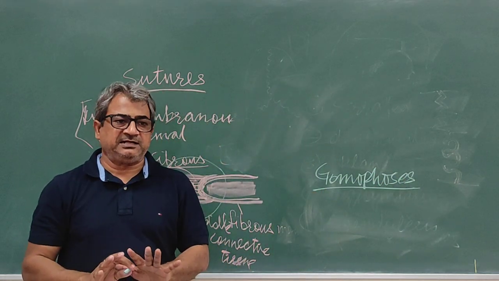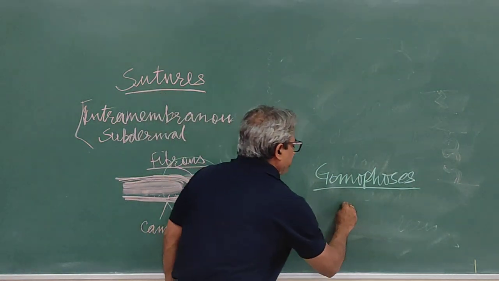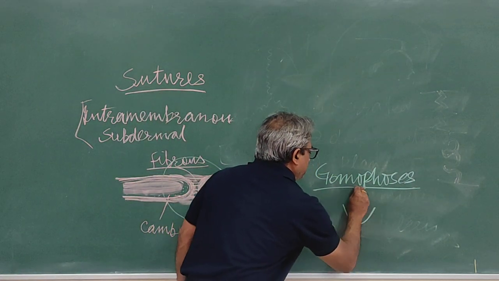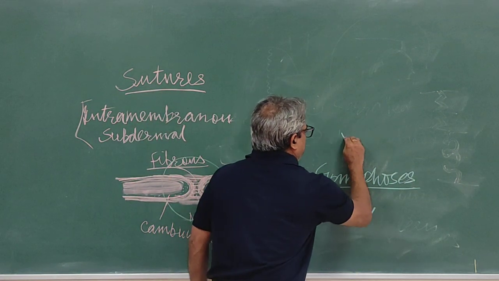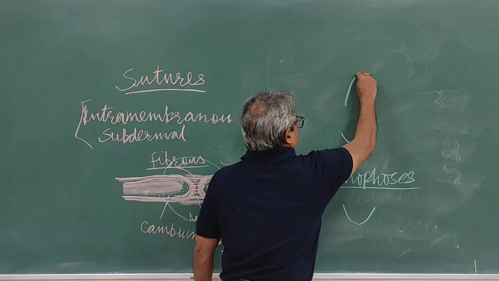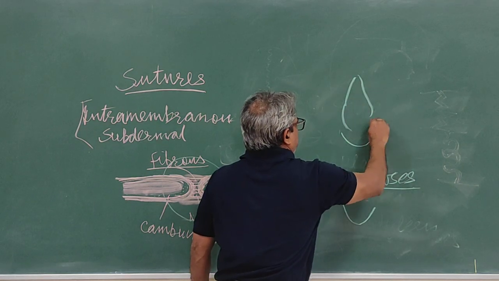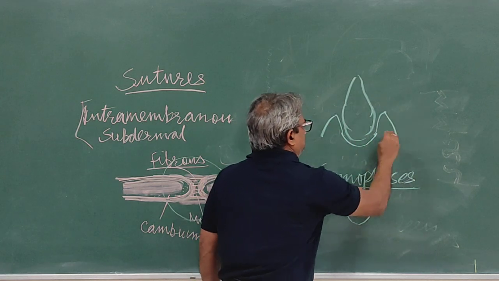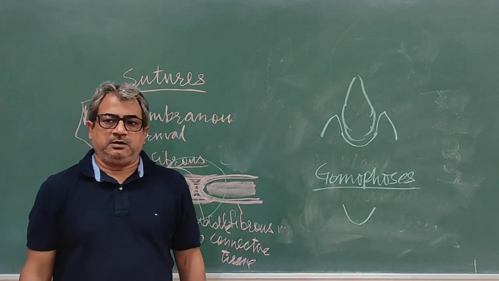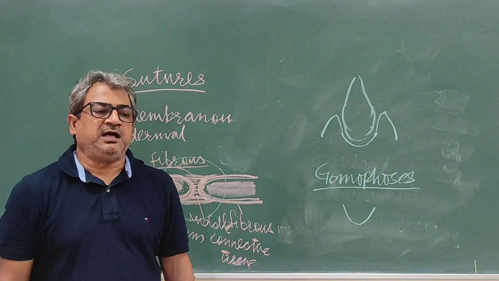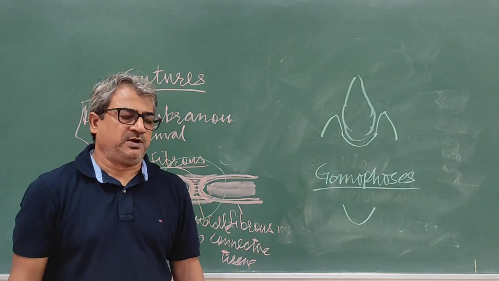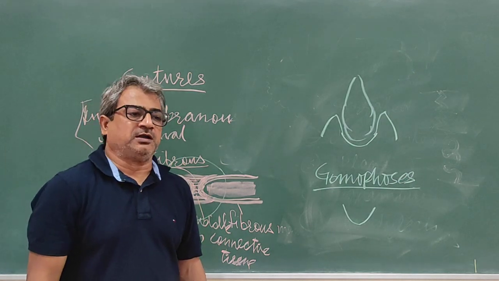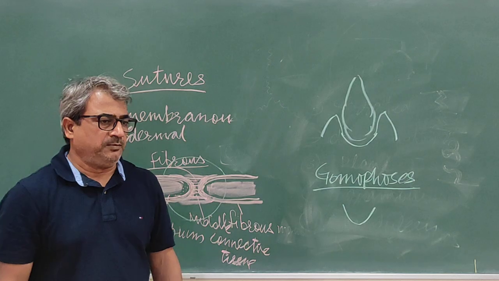It is present at only one place, where the tooth, I draw it here, is fitted in the alveolar process, the respective upper or lower, upper belonging to the maxilla and lower belonging to the mandible.